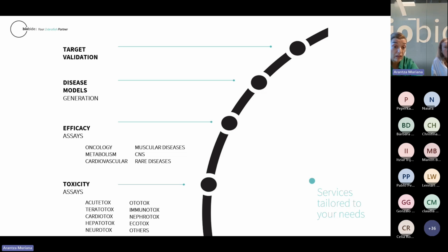And apart from working in the endocrine disruption area, we also have teratogenicity, neurodevelopmental toxicity, neurotoxicity, immune toxicity, hepatic toxicity, cardiac toxicity, or many other toxicity and safety assays, but also efficacy assays with different disease models.